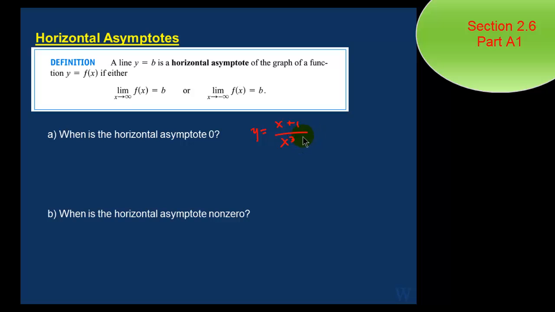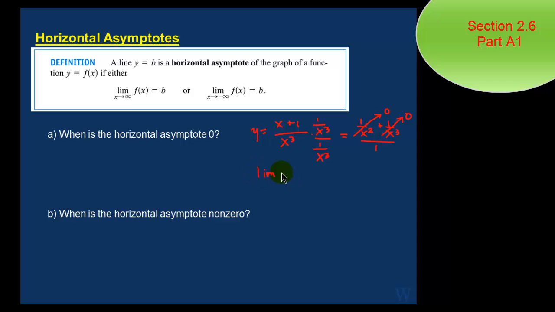If I divide both the top and bottom by the highest occurring power of x, it'll be the same as multiplying both the top and the bottom by 1 over x cubed, and so this becomes 1 over x squared plus 1 over x cubed over 1. And we recall that the limit of 1 over x to a positive power as x approaches infinity is 0, so this all goes to 0.